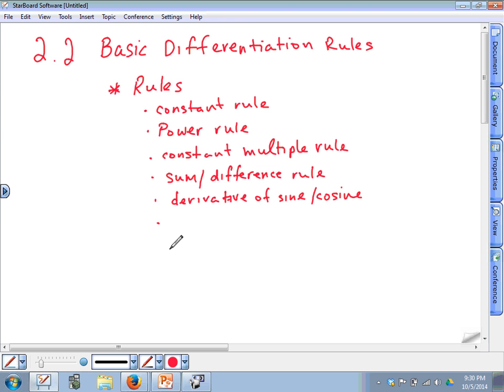We're going to see another application of derivative in addition to finding the slope of a tangent line. We're going to talk about rates of change. Seems like a lot to get through, but these rules, most of them are pretty basic. Okay.